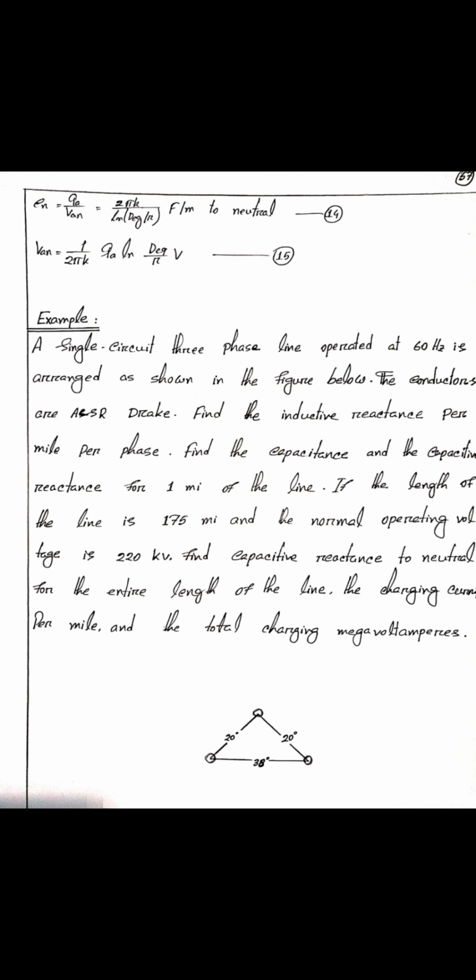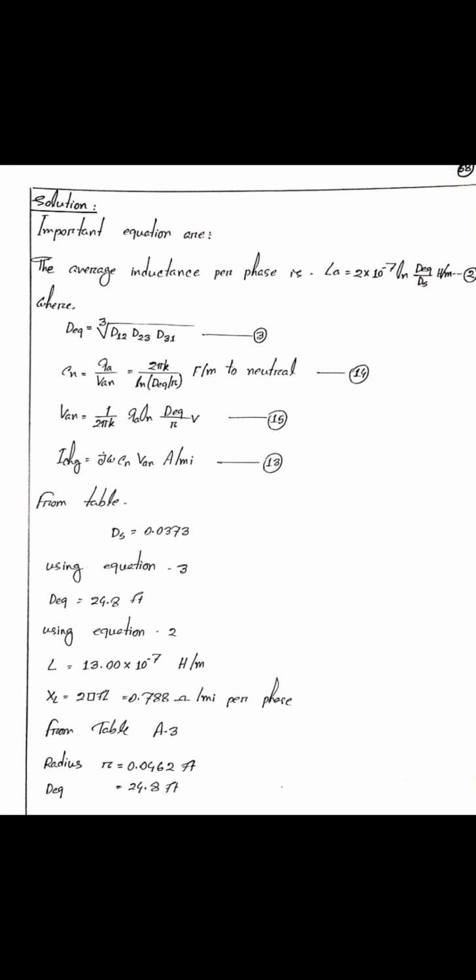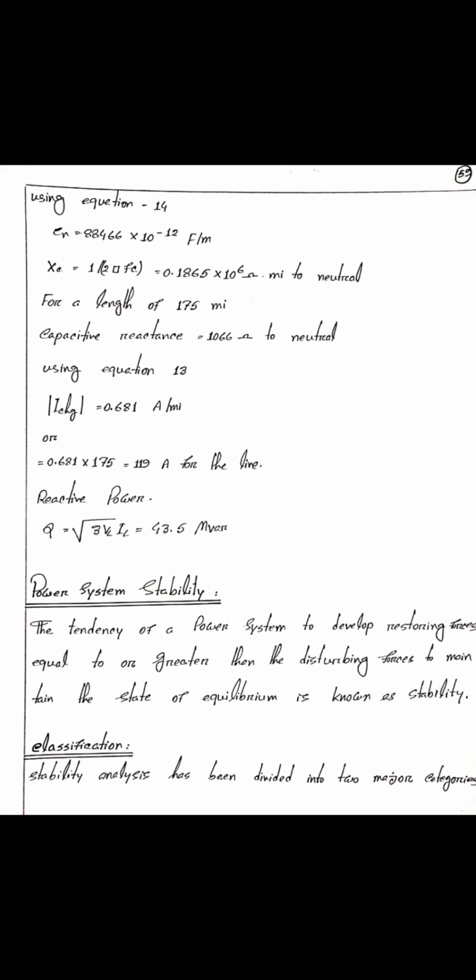Here is the equation and solution. Important equation is L equal to 2 into 10 to the power minus 7 ln Deq by Ds. Reactive power Q equal root 3 VL IL equal 43.5 MVA.